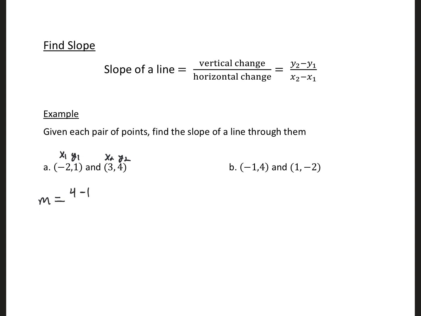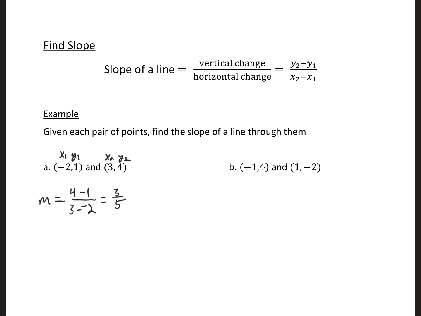So 4 minus 1 over 3 minus negative 2, which would be our change in x's. This would result in 3 over 5, indicating a positive slope.